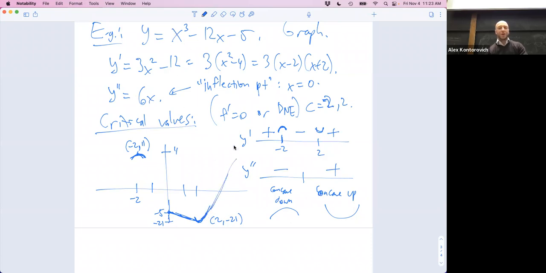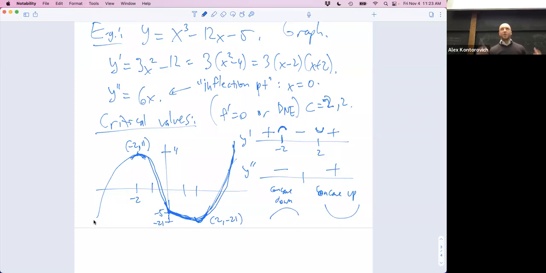So eventually we're just getting larger and larger, and we're doing so faster and faster. So this is like a cup until it gets to -5, and then it switches to being concave down. Right here, we switch to being concave up. And then we grow like that. And that is basically the picture of this.